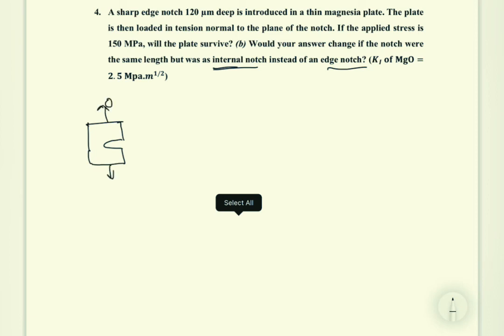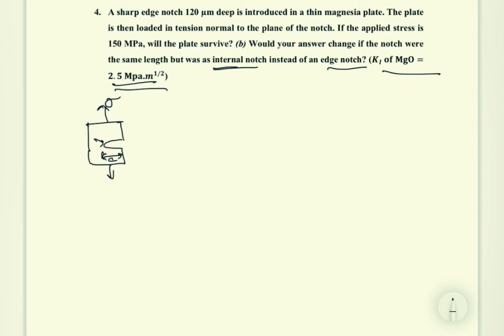So these are the stress applied, and this is the crack which is having length C. To calculate whether the plate will survive, we need to know the stress intensity at the crack tip and compare it with the fracture toughness of this material that is given. If it is higher than the fracture toughness, then obviously the material will fail, and vice versa.